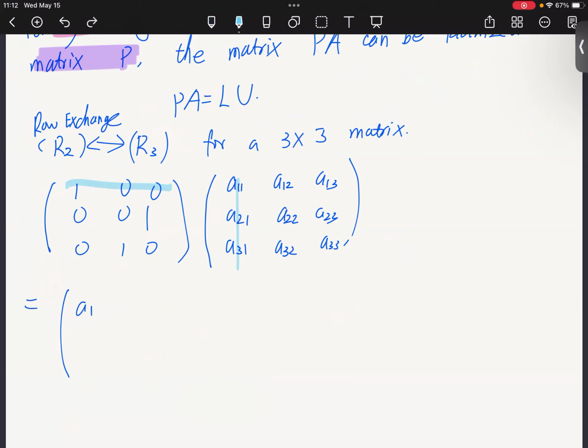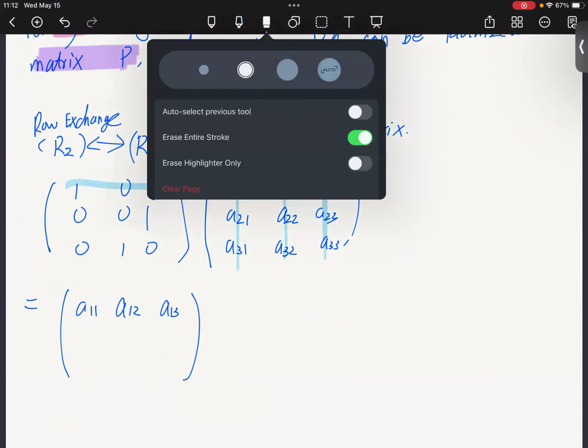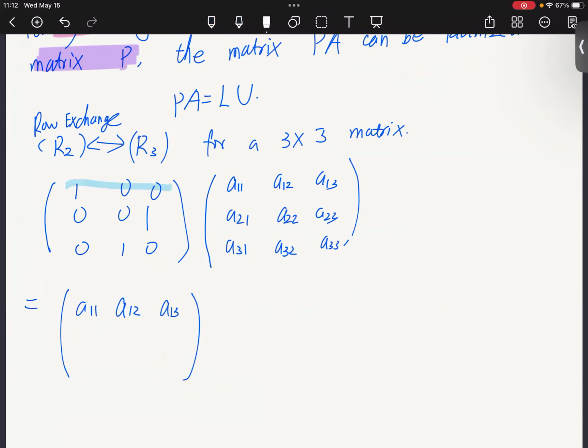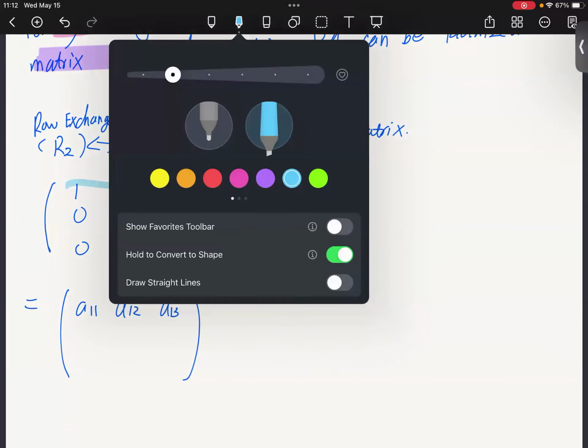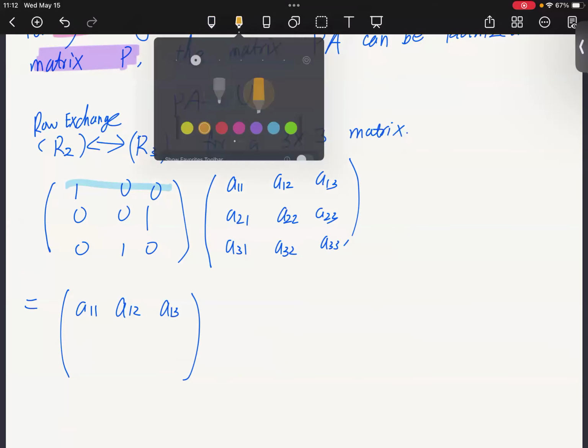The first row times the second column is A12. The first row times the third column is A13. And now you should pay attention to this. I'm going to multiply the second row and the columns on the right-hand side.